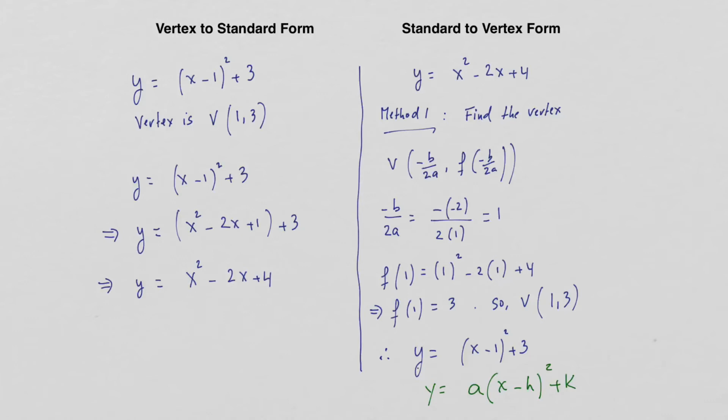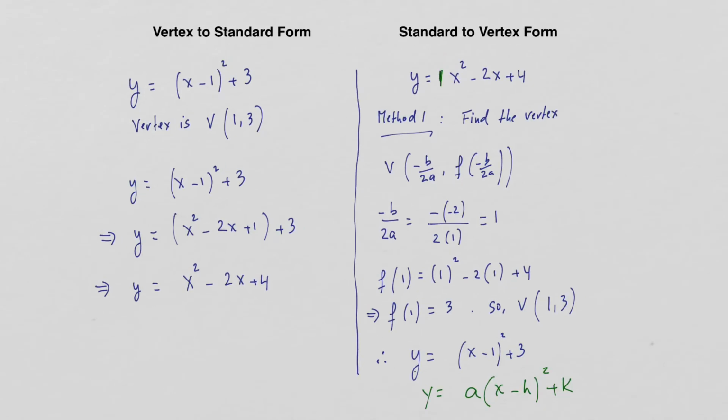That's my goal. I already know 1/3 of my numbers, A, H, K. I already know A. A is 1. This A here is exactly that A. So that's easy. Okay? So how do we find H, K? Well, you know how to find H, K.